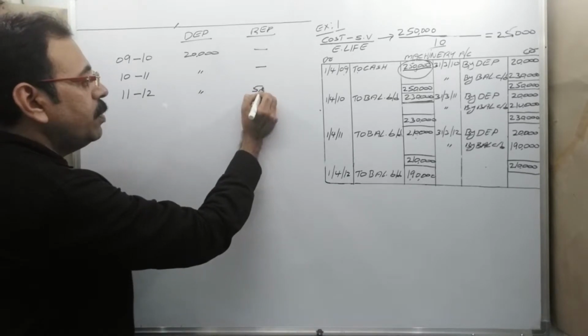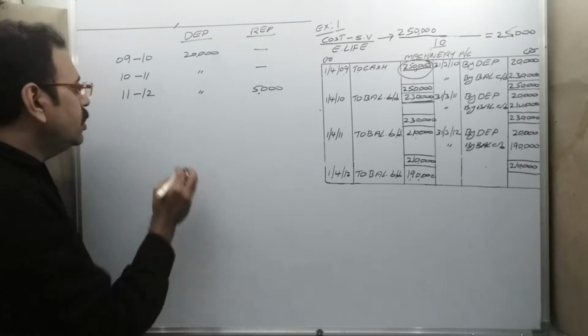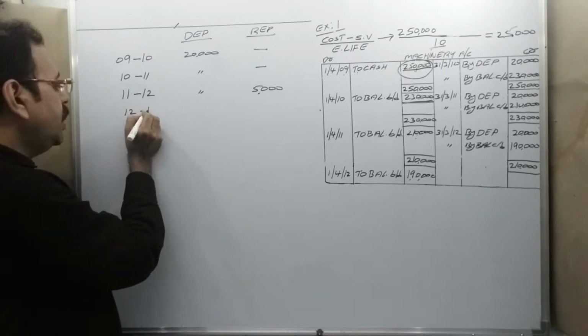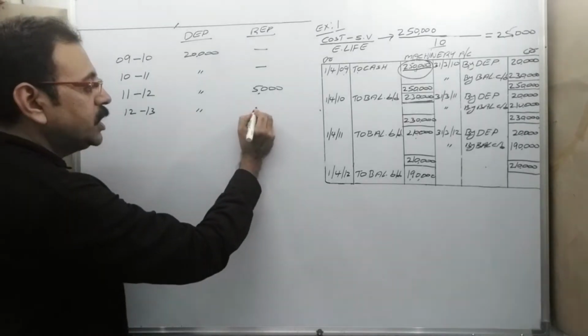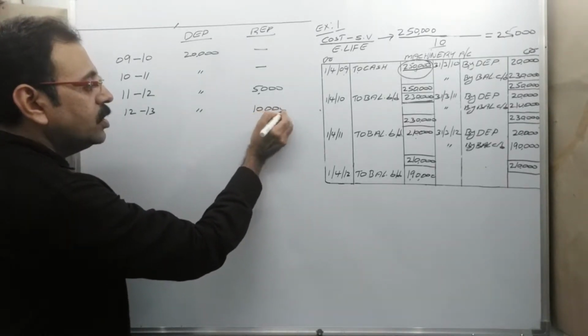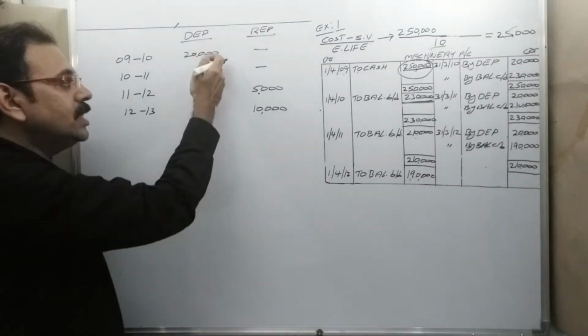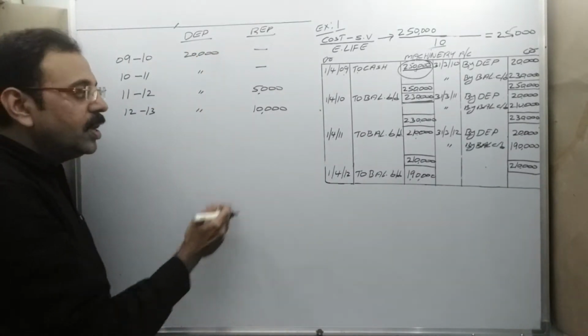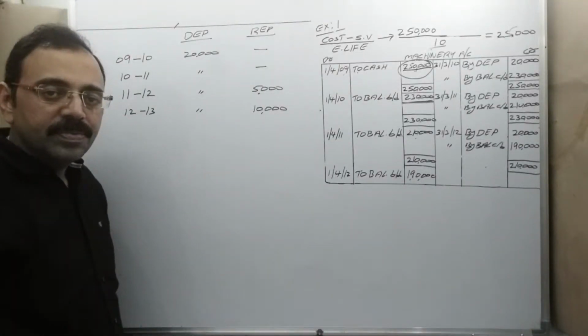Assume that repair expenditure is 5,000 rupees. Then next year depreciation is same and repair expenditure is 10,000 rupees. Like that, as asset becomes older, repair expenditure increases.